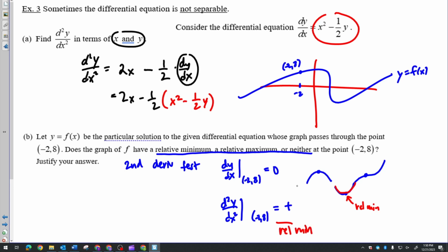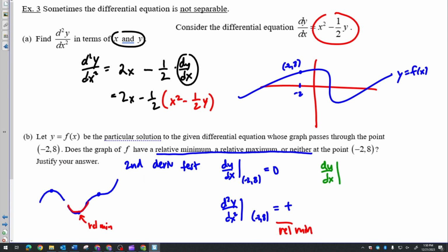But if you take the first derivative at that point and you get 0, but the second derivative at that same point you get negative, well, if the second derivative is negative, what do you know about the picture of f?